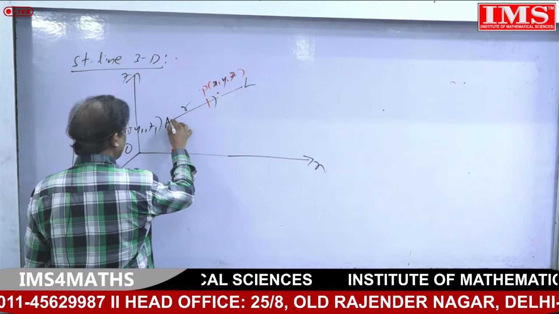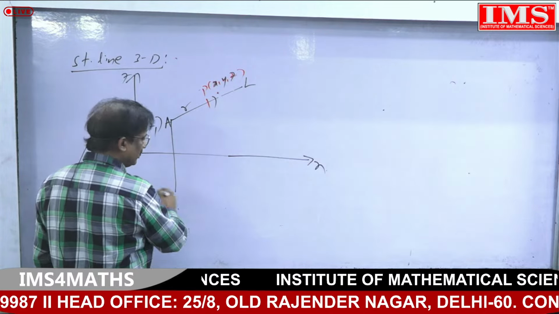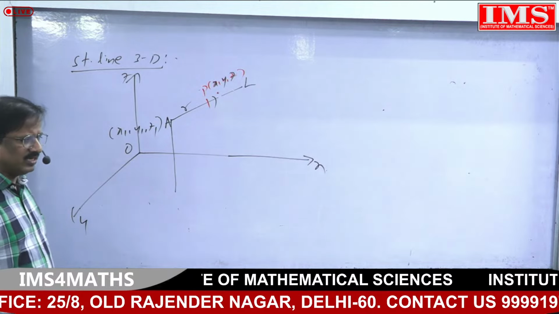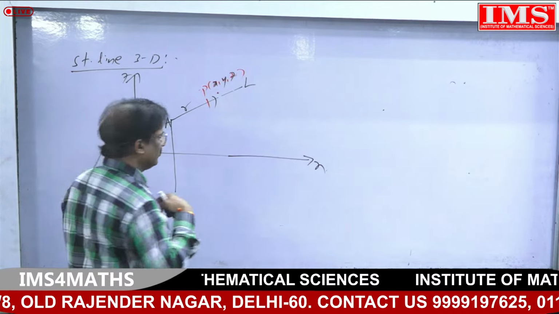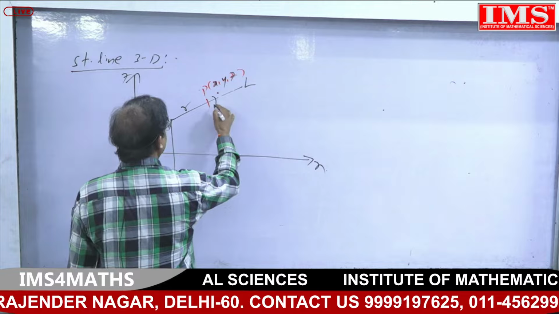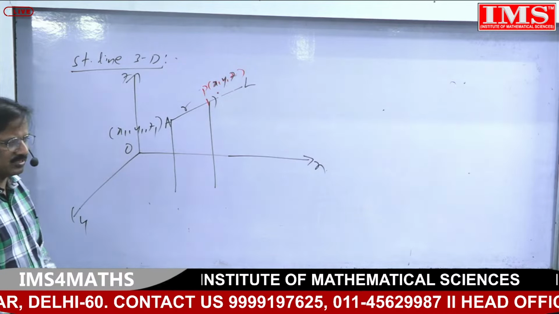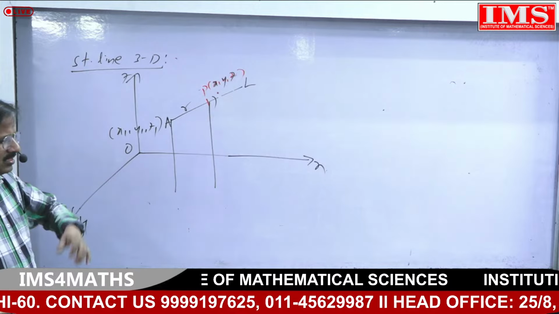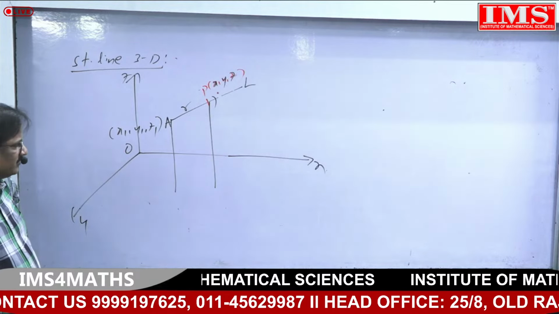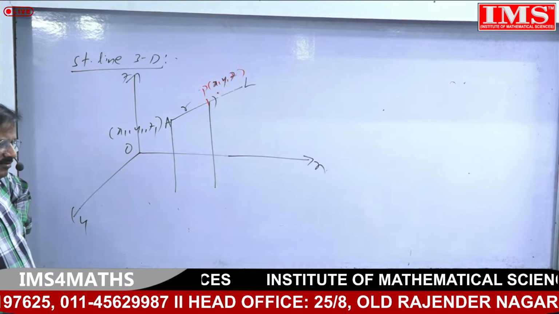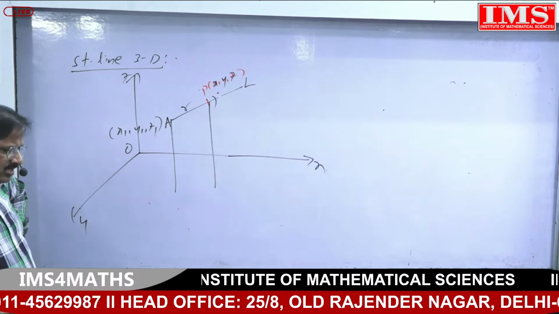You draw a perpendicular from which point here? From point A, into any plane you can find. I assume the XY plane. And again, from the variable point also you can find a projection. But see, these projection lines, will they intersect any of the axes here?